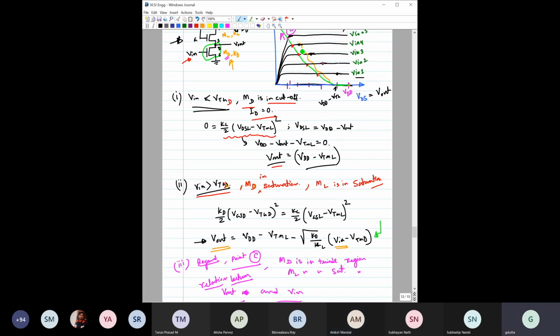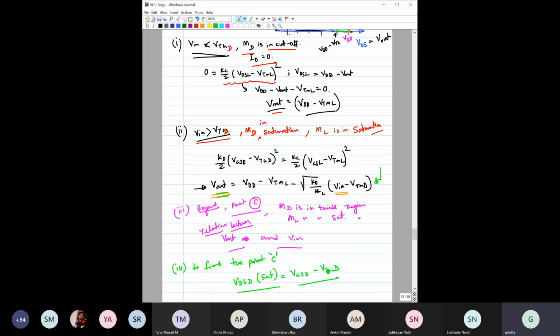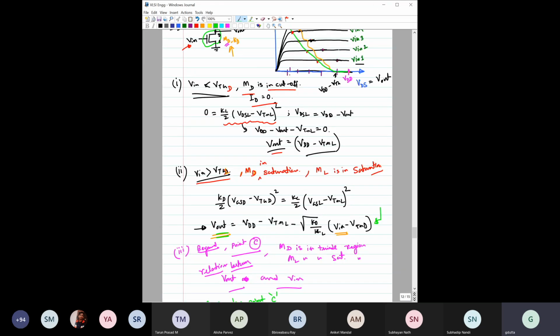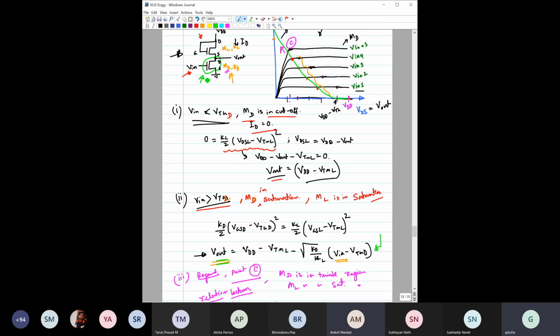So that means this transistor is just entering from saturation to its triode region, right? So you can still use this particular equation for V out, and find the required value of V in for which this transistor would go into the saturation region.